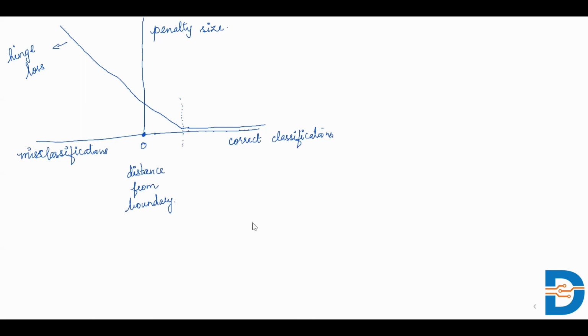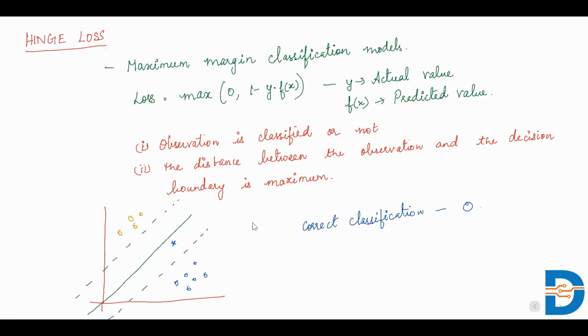So this is what the hinge loss is. It considers two things. To calculate the hinge loss, we see whether the new data point is properly classified or not, and whether the distance between the observation and the decision boundary is maximum, or large enough. These are the two things considered for calculating the hinge loss.